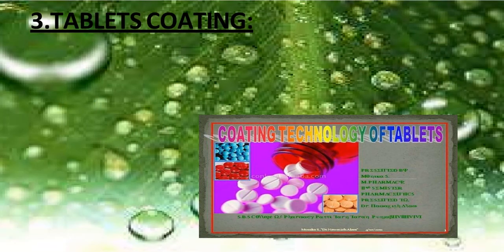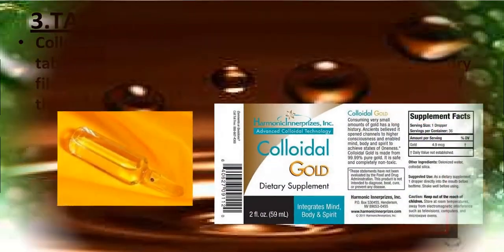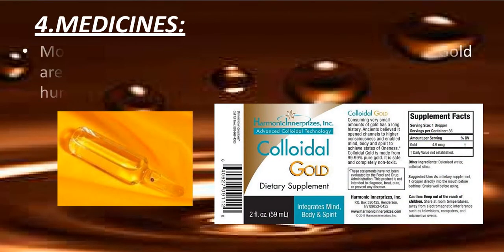We have tablet coating. Colloidal dispersion of gelatin is used in coating over tablets and granules, which upon drying leaves a uniformly dry film over them and protects them from adverse conditions of the atmosphere. We have here medicines.